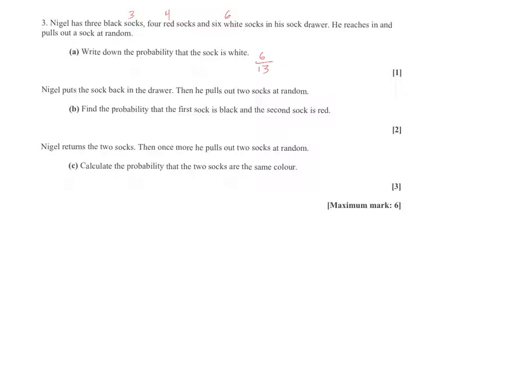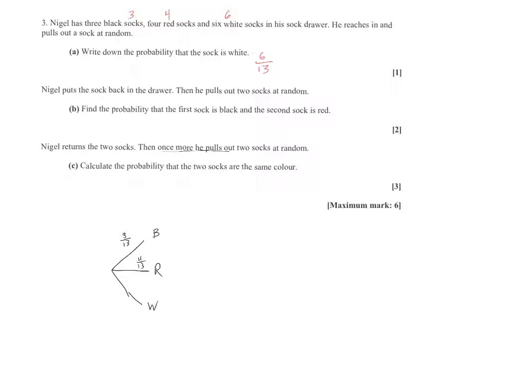So a bunch of different ways you can do this. Since you are going to be using more of this later in the second part, because he's going to pull out 2 more socks, then it may be worth just going ahead and splitting it into 3 to start with. To say I've got black, red, and white. So the probability that the first one is black would be 3 out of 13. The red would be 4 out of 13.